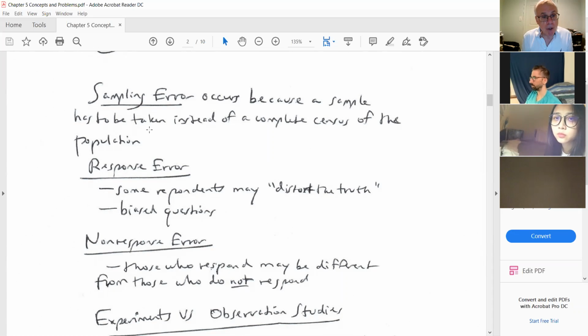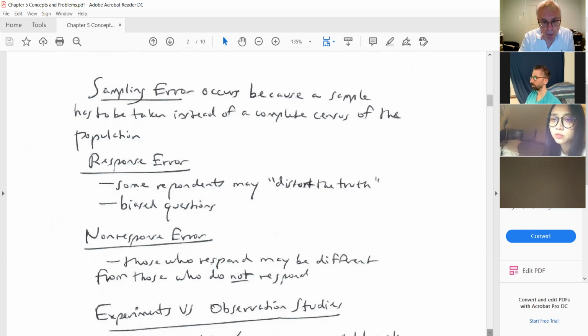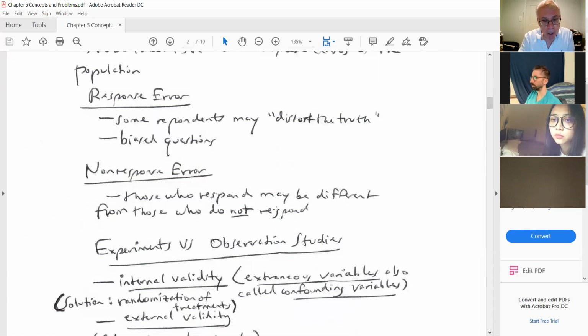A response error could be that the people who are responding to the survey or sample may be biased, so there might be some distortion there based on the responses. Non-response bias means that the people who aren't responding may be quite different than the people who do respond. So there's a bias there too.